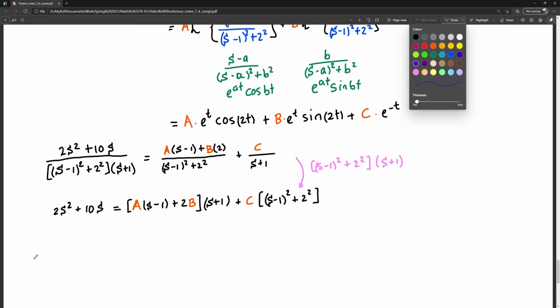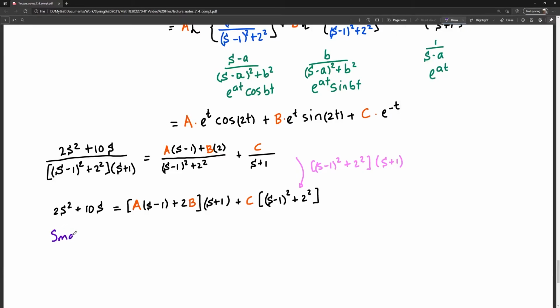What we're going to do, just as before, we're going to make some smart choices for s. And the first thing that we can choose is s equals -1, because that makes that equal to 0. So if we look at some smart choices, the first smart choice would be s equals -1.